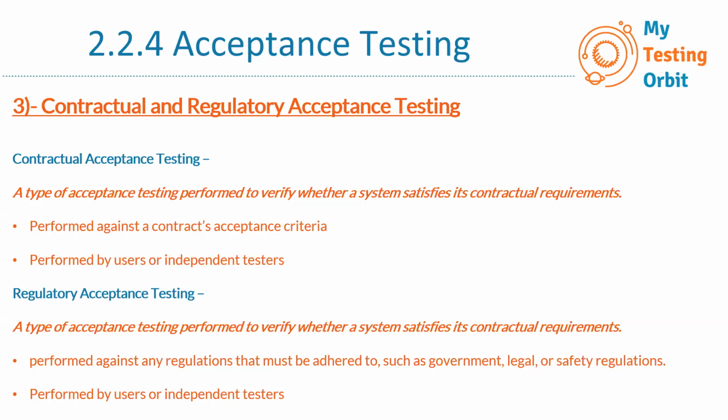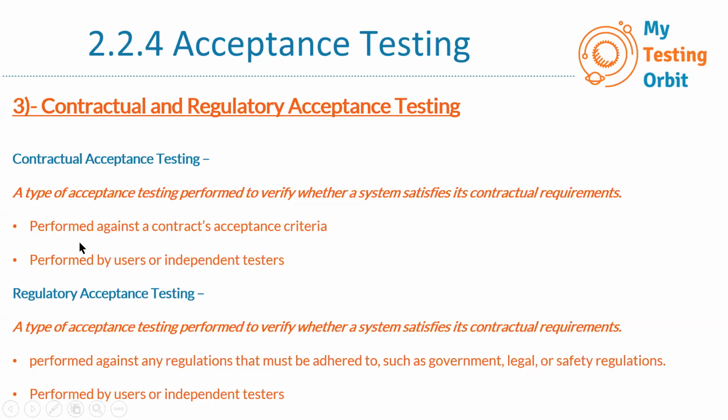Right, okay, so over here, let's say if there is any project, before that project started, there was a contract which was signed between two companies, and there was some acceptance criteria which was specified, and based on that contract, the contractual acceptance testing will be done by either the end users, the people who actually asked for the software to be developed, or by independent testers, whom they can hire to do this acceptance testing.